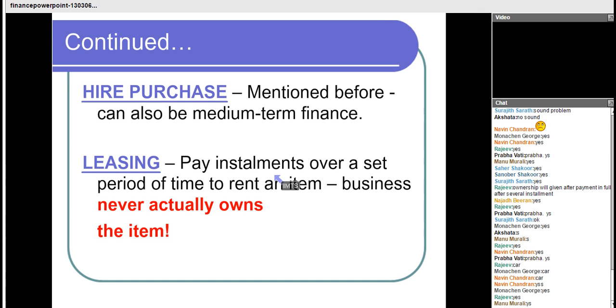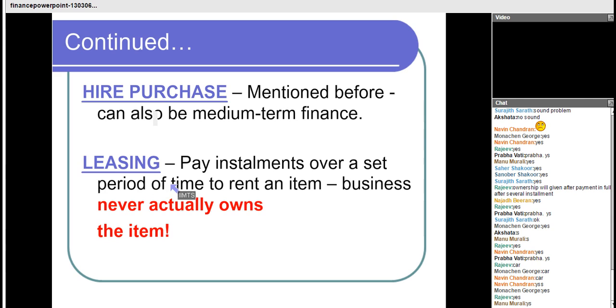This is very popular in the coal trade, this type of leasing. Even in oil trading, the people who own the oil well also go for leasing only. Like in hire purchase, once you make the final payment, you become the owner of the property.